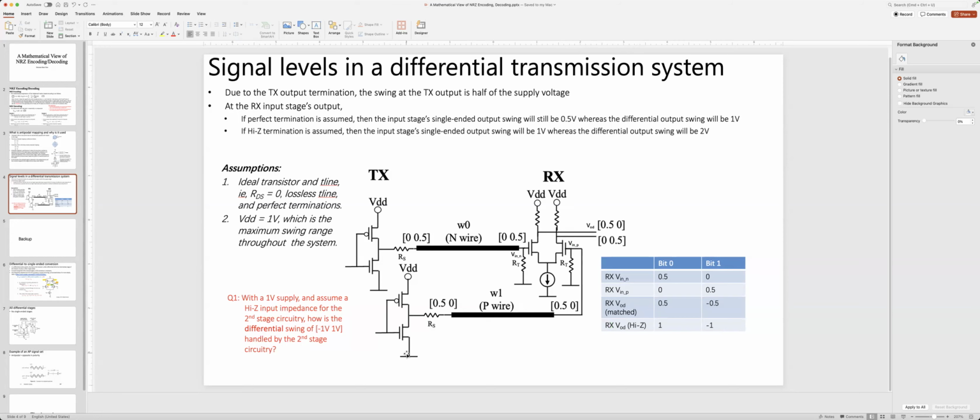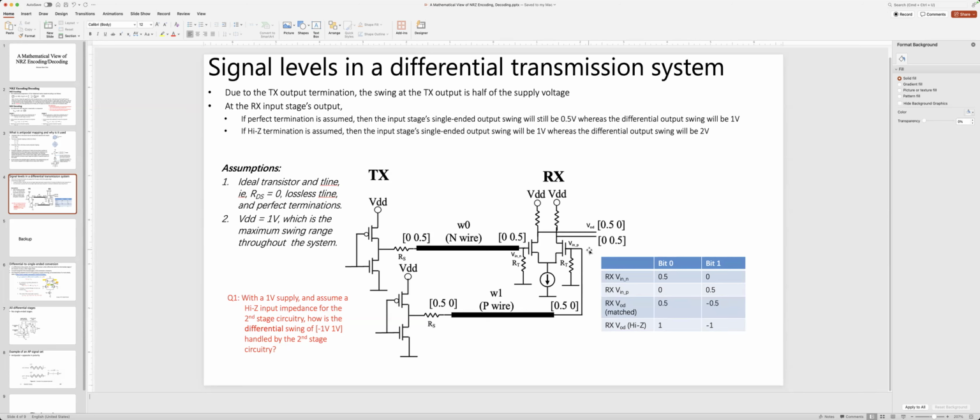To answer the question, I think the answer depends on the structure of the second stage circuitry. If the second stage circuitry continues to be differential circuitry, then the swing on each wire will be processed by the differential circuitry in the second stage, so we don't need to worry about this at all.